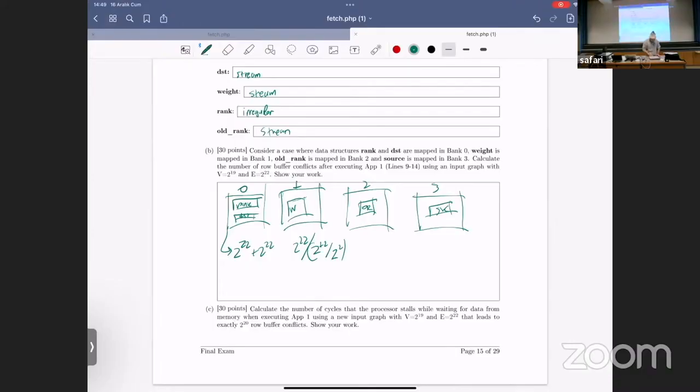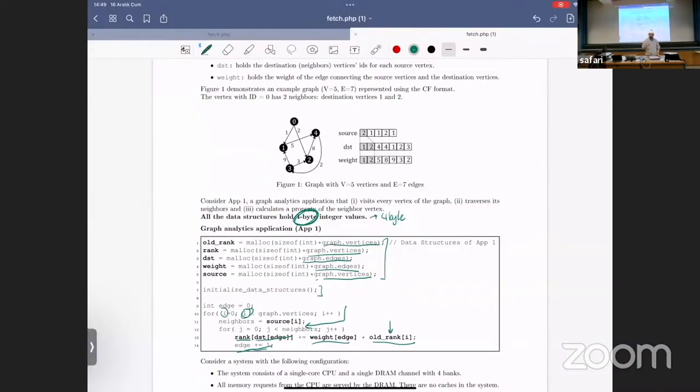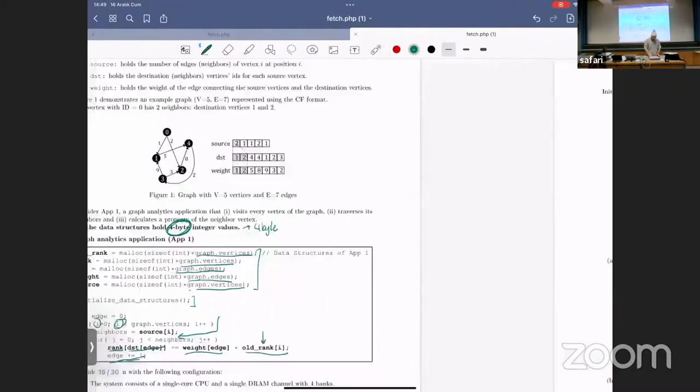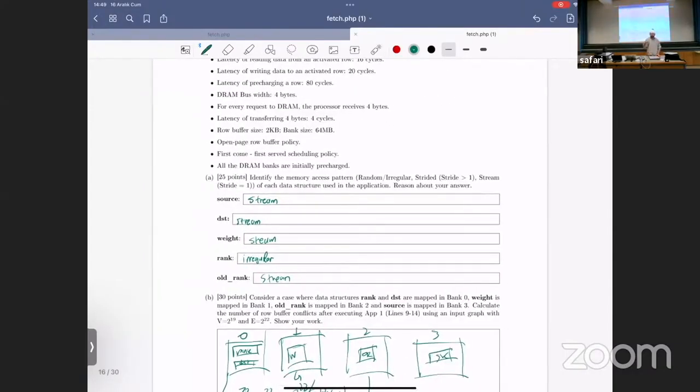Then for the old rank, how many accesses do we need to do? We need to do fewer accesses here. This is a tricky one, I guess. It depends on the external loop. So we need to access it 2 to the power of 19 times because it depends on the number of vertices, right? It's stored in a register, because in the internal loop you use it.